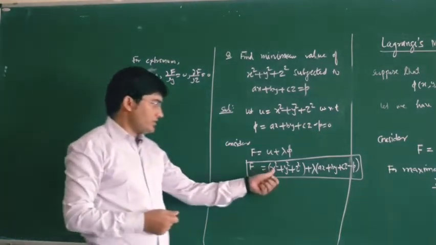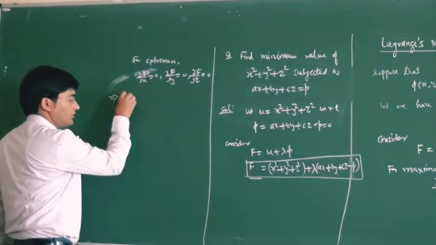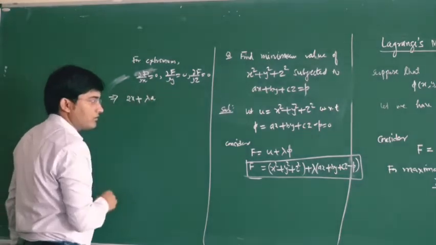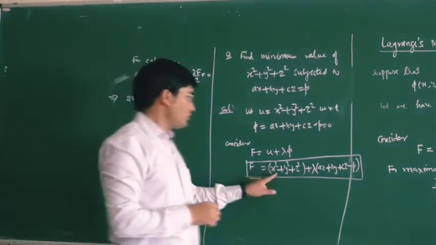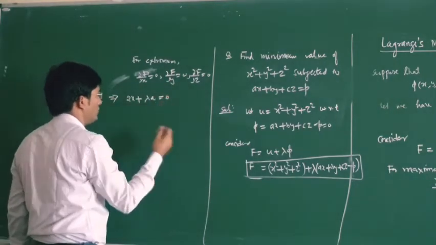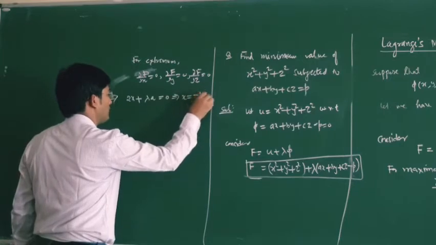Now if we differentiate this equation with respect to x, then we will get 2x plus lambda times a equal to 0. So our x will be minus lambda a upon 2.